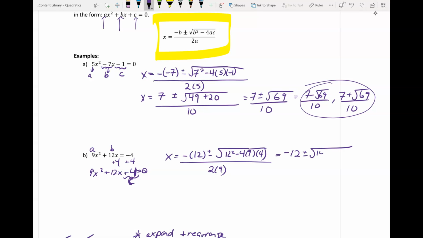Twelve squared is 144. 9 times 4 times 4 is also 144. And 2 times 9 is 18.